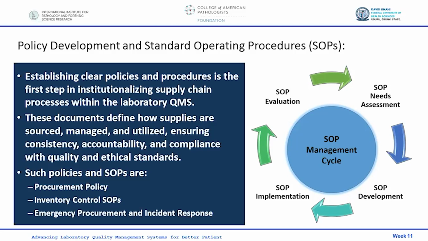Okay, it should tell you at what point you won't approve more purchases to be made. Competitive bidding processes are part of it. Preferred vendor requirements should be in the procurement policy, and conflict of interest safeguards. Ethical sourcing also ensures that supplies are obtained from vendors that comply with labor, environmental, and regulatory standards.